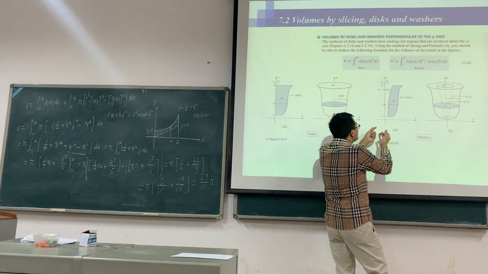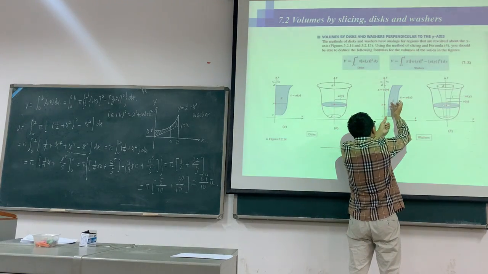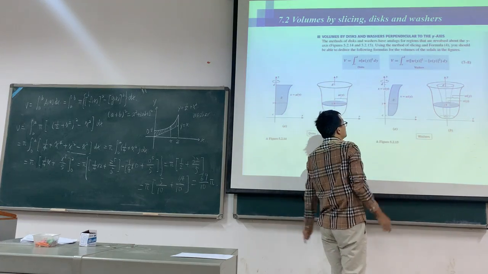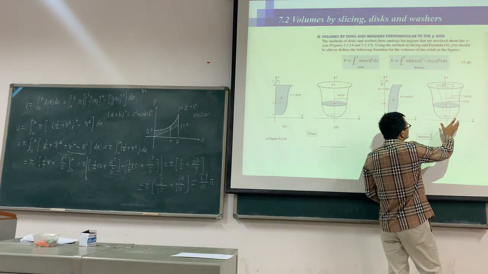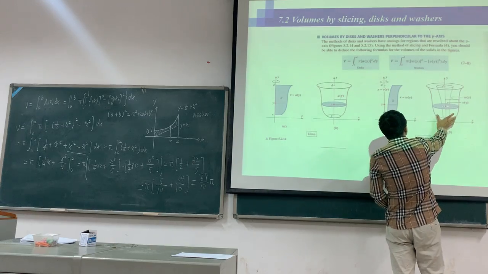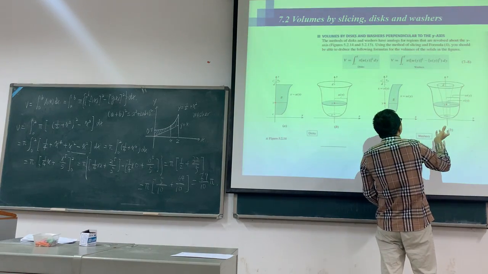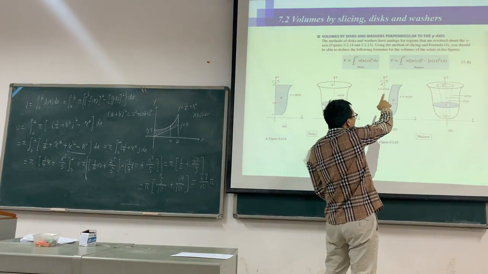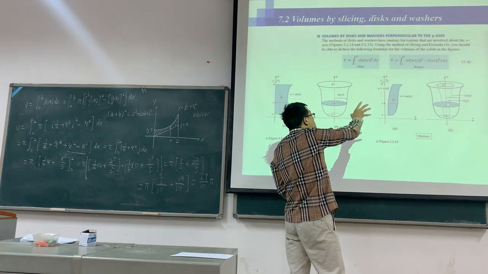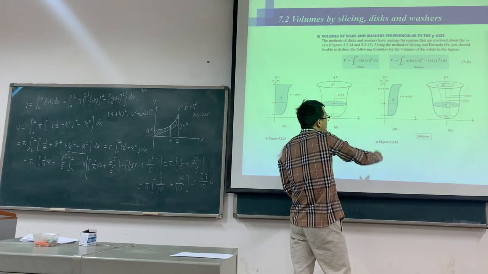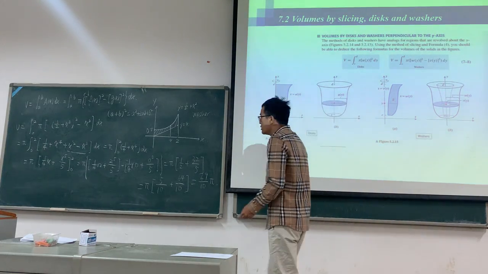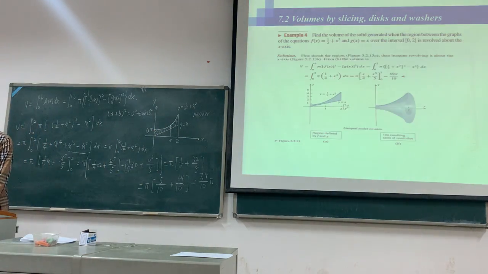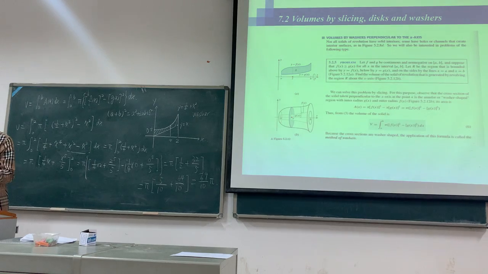Now we revolve the region R around the y-axis and open this solid. It's the same. So the volume is the definite integral of pi times (w(y) squared minus v(y) squared). This case is similar to the previous case.